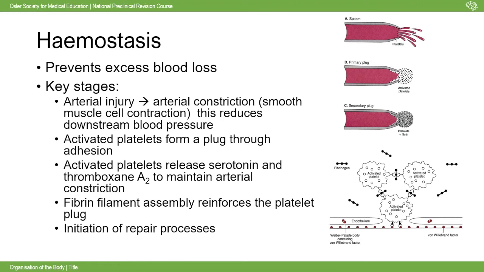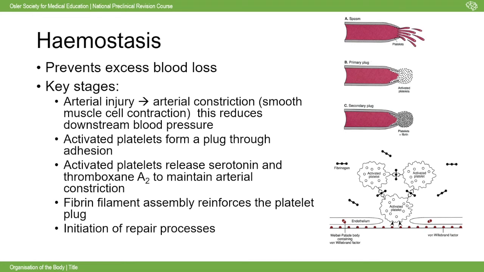So when platelets do come into contact with von Willebrand factor, that leads to them being activated. And these activated platelets will also interact with fibrinogen. The binding of fibrinogen, which is shown as these 3 black dots, causes a change in the charge of the activated platelets. And this means that the platelets won't repel each other as much as they normally would, and that enables them to get close enough together to form a solid clot.